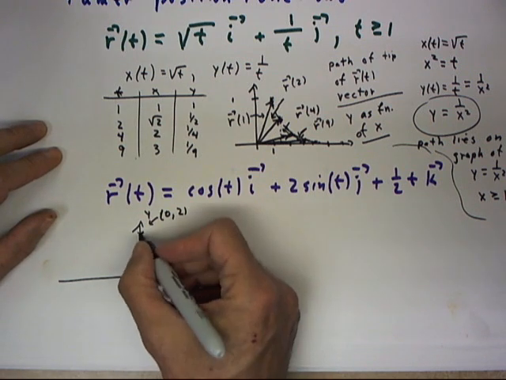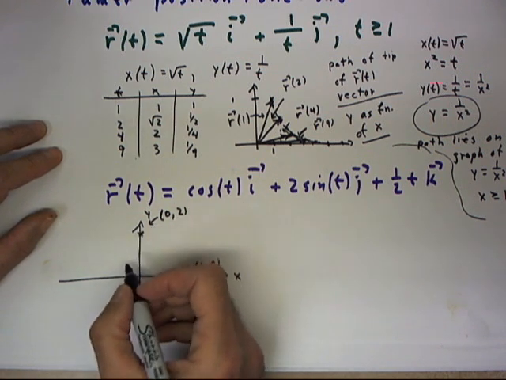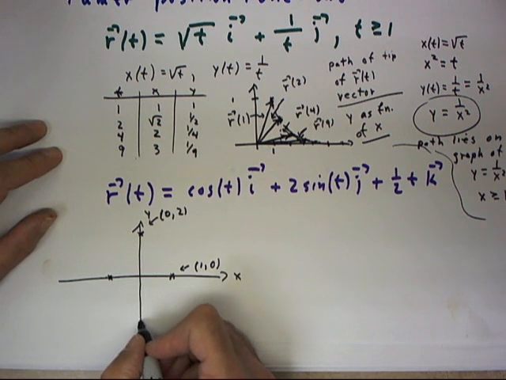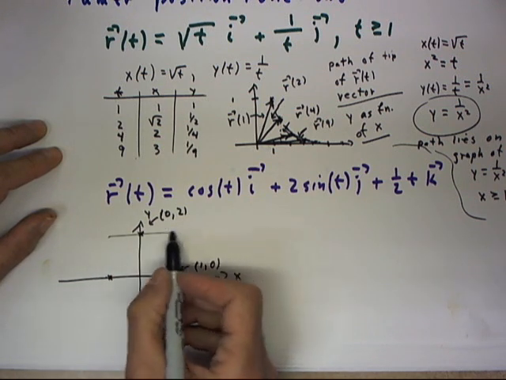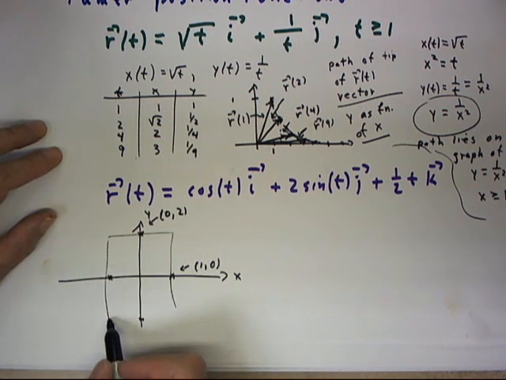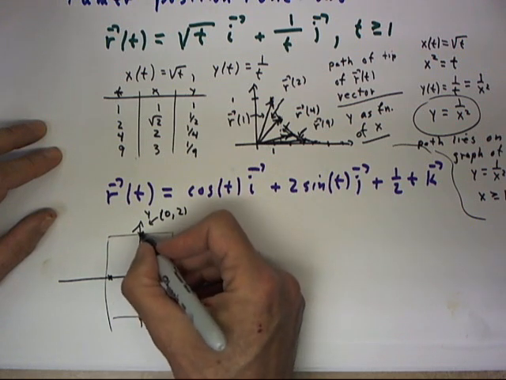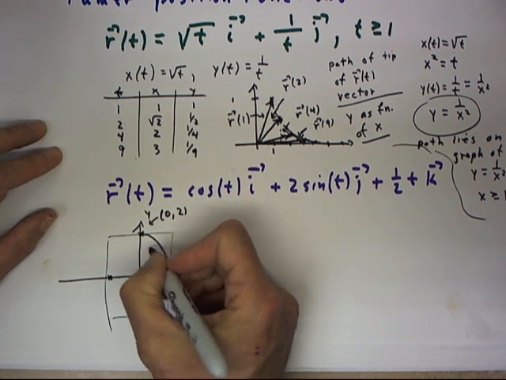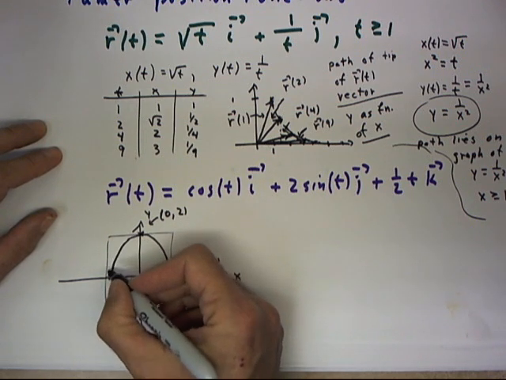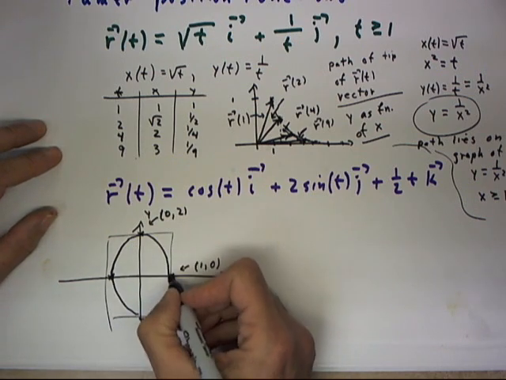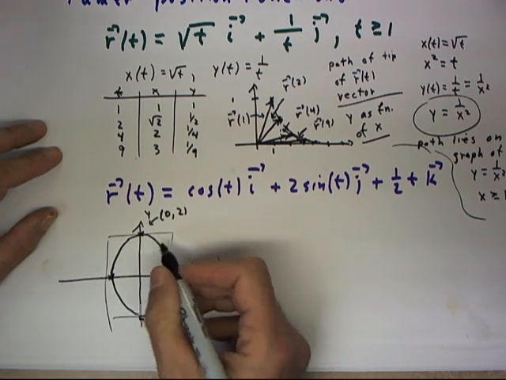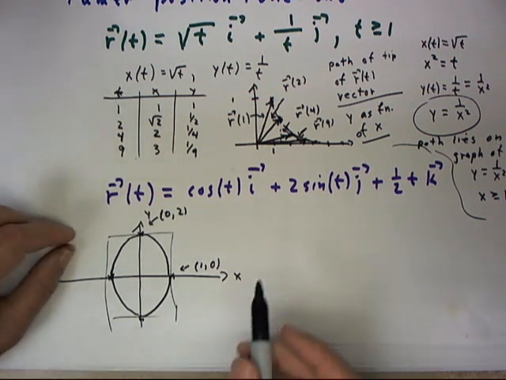It turns out that we follow a smooth curve that is a part of the ellipse that would be constructed within this box. And the path continues around the ellipse.